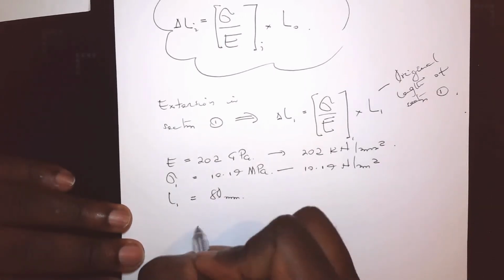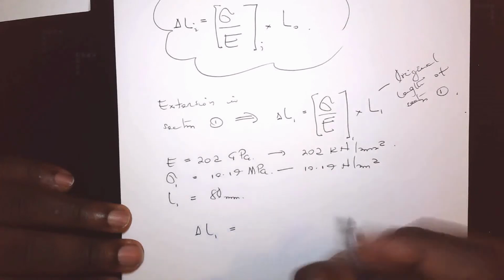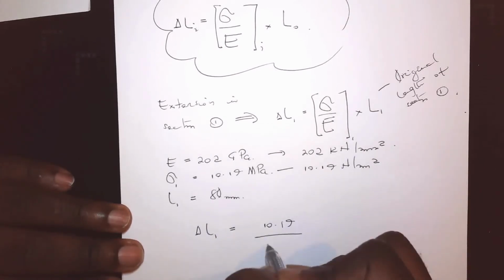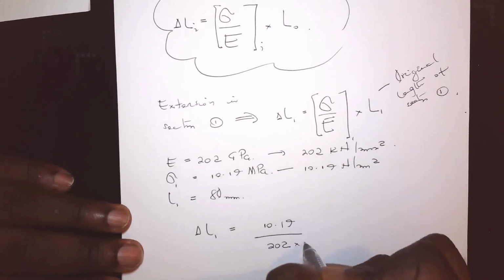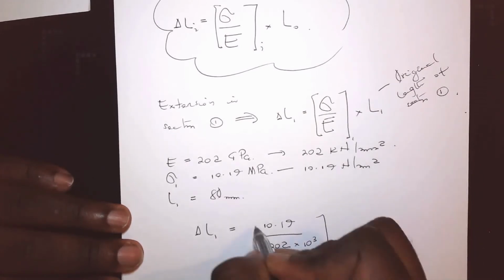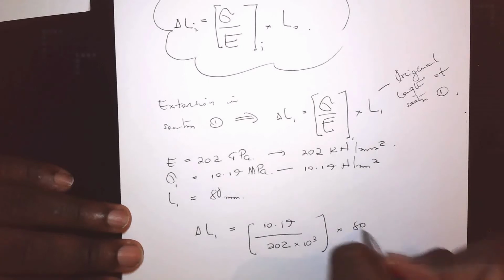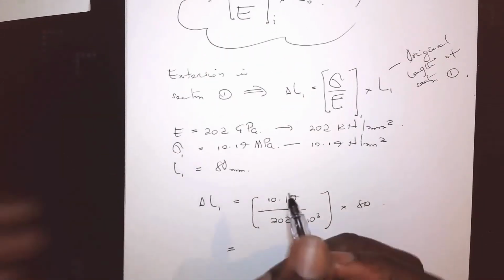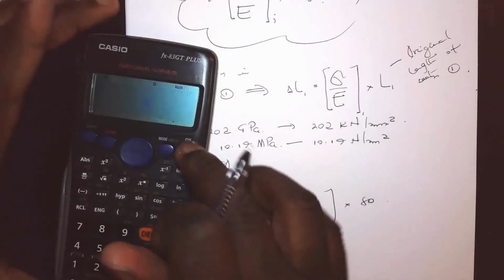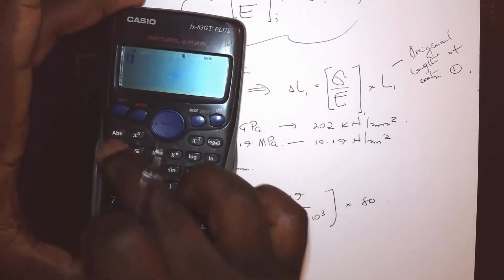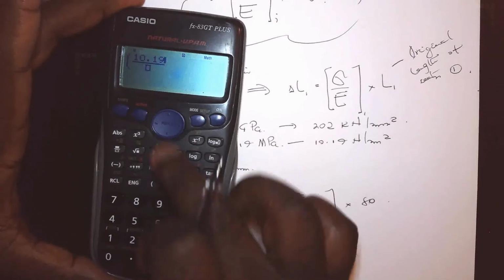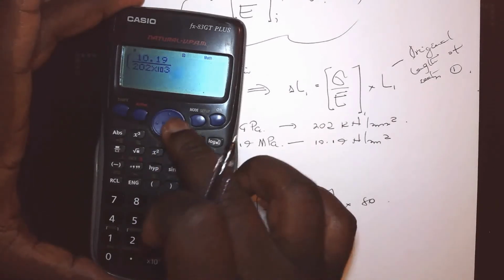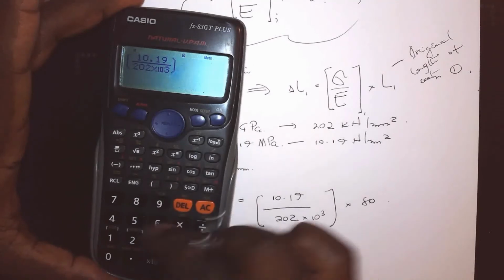So delta L1 will be equal to 10.19 divided by 202 times 10 to the power 3, multiplied by 80. So if we do the computation, what will we get? 10.19 divided by 202 times 10 to the power 3, brackets closed, times 80.